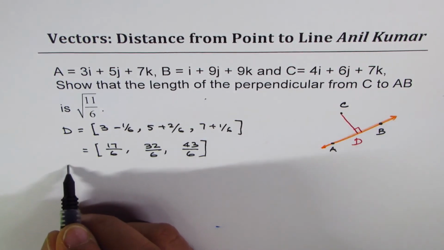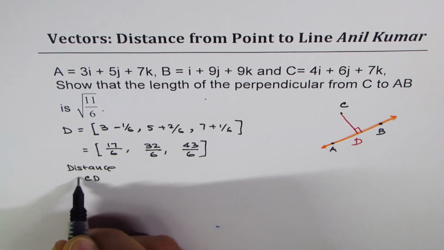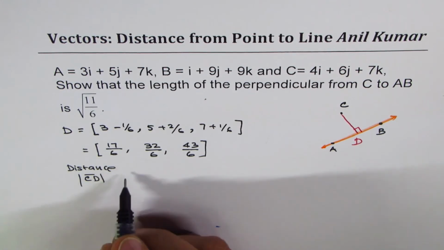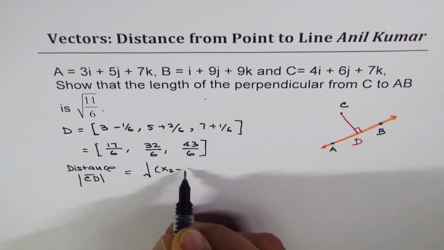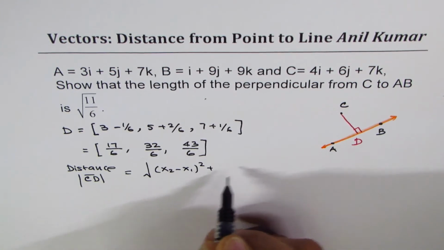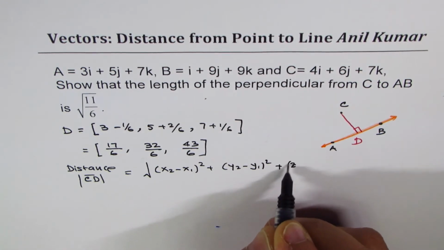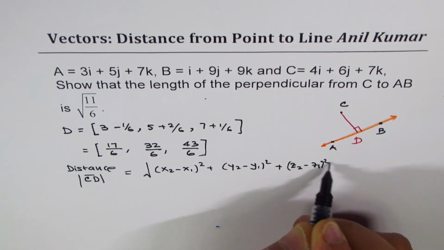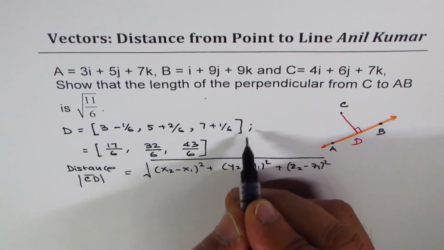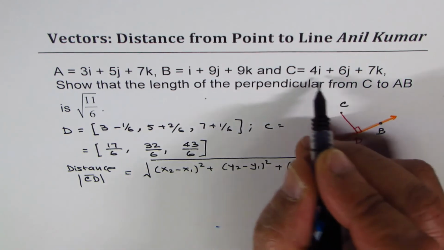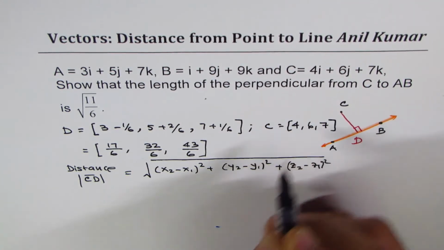Now we need to find the distance CD. Is it okay? So we have to find this distance CD. We'll use the standard formula: square root of x2 minus x1 whole square plus y2 minus y1 whole square plus z2 minus z1 whole square. Coordinates for point C are already given to us. These are the coordinates. Let me write them as 4, 6 and 7, correct?